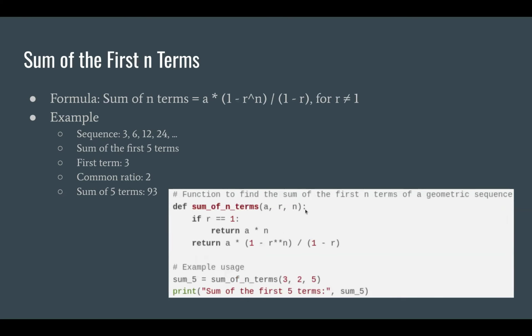Sum of the first n terms. The sum of the first n terms of a geometric sequence is given by the formula here: A times 1 minus r to the nth power divided by 1 minus r, where r shouldn't equal 1.